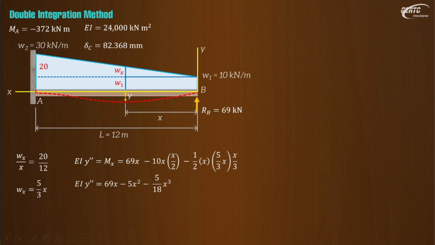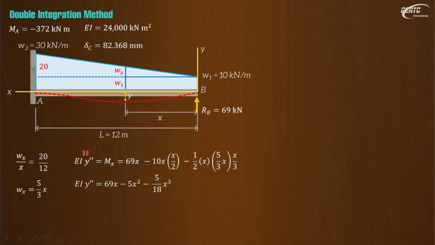When x is positive 12, positive going to the left, not negative, y is 0. And another, this is a fixed end, so the slope at A is 0. Meaning when x is equal to 12, y prime or the slope is 0. We can make use of that to easily get the constants of integration. So we have this equation now.